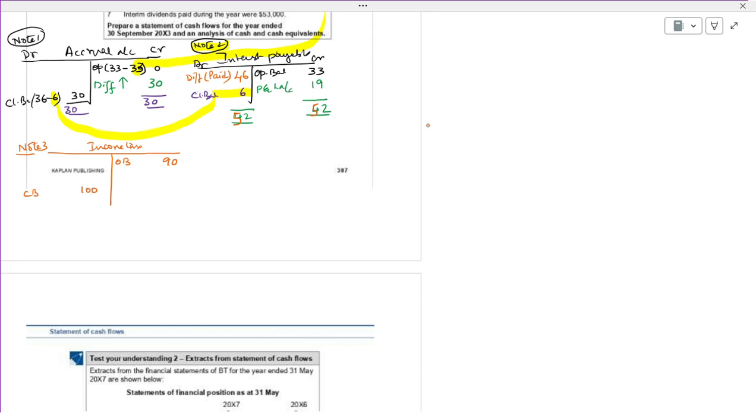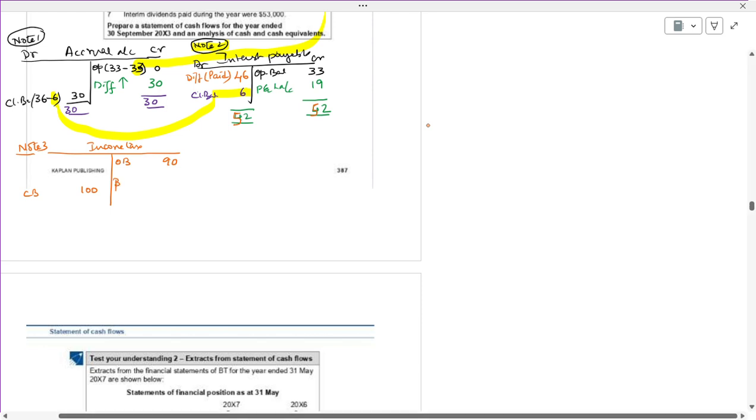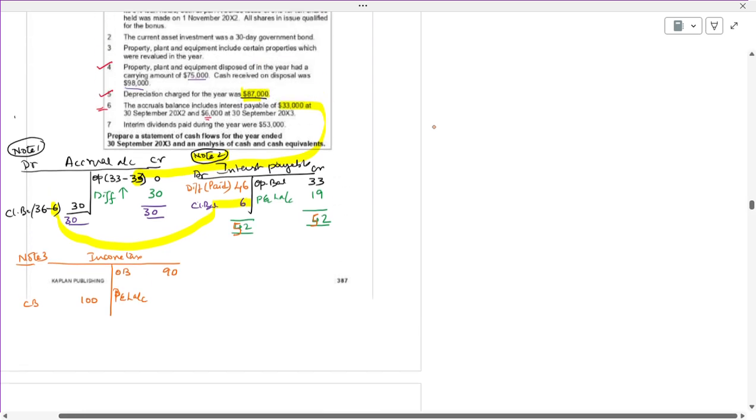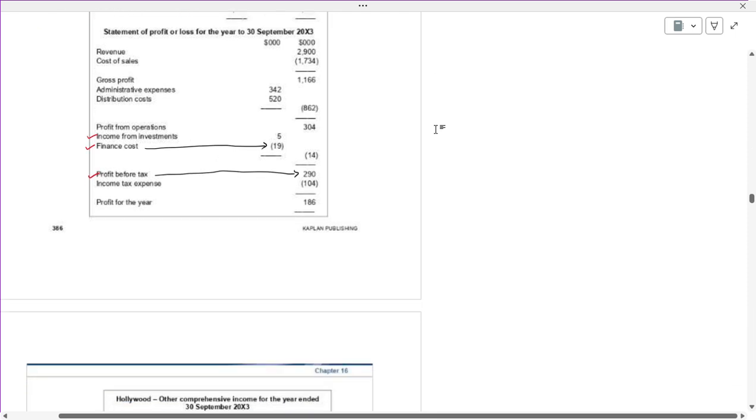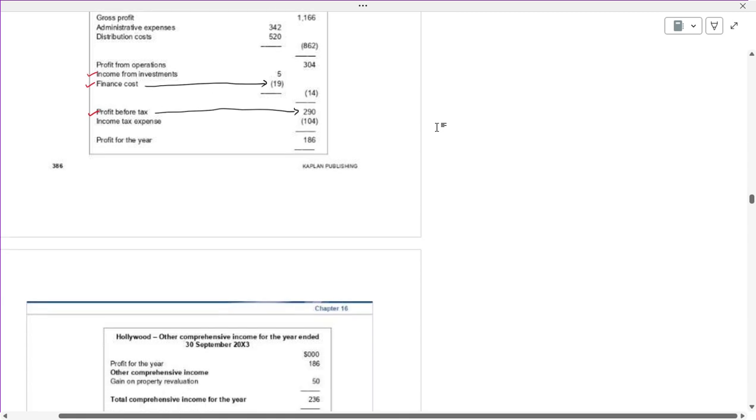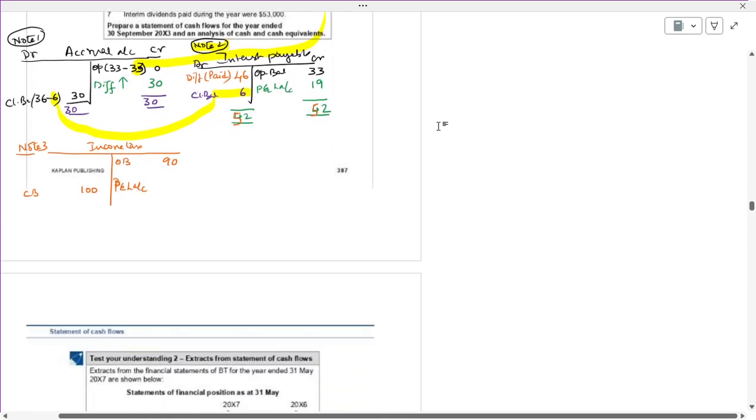In the profit and loss account, how much have they said? Income tax expense 104. That is payable.